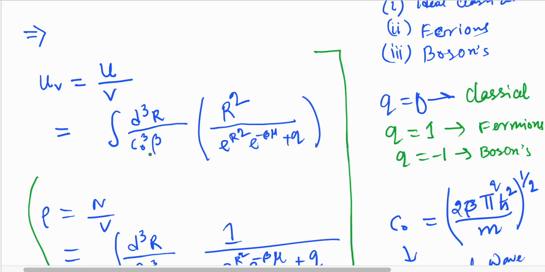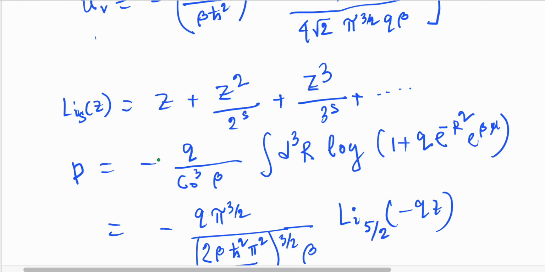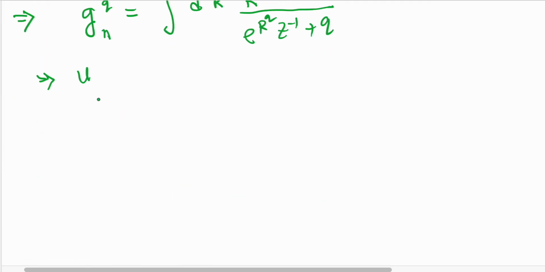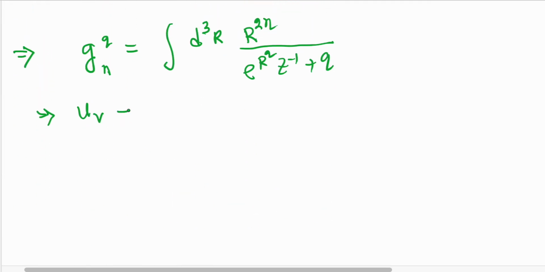is nothing but this quantity by c0(q) into beta, right? This is uv, which is actually g1(q) by c0(q) into beta. Okay, let me check it. So this is this, and rho is only dqr by c0.